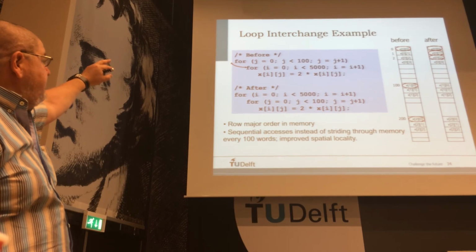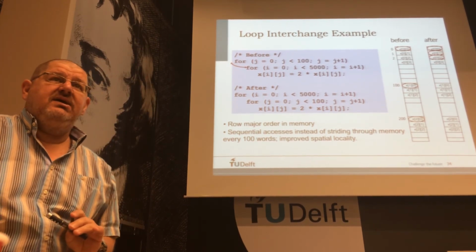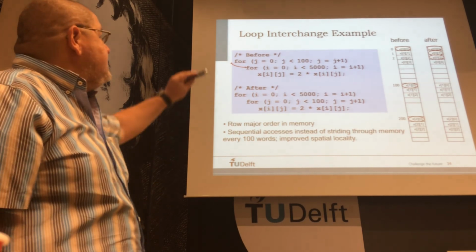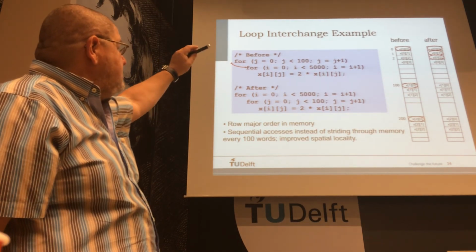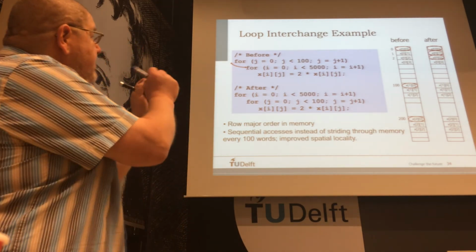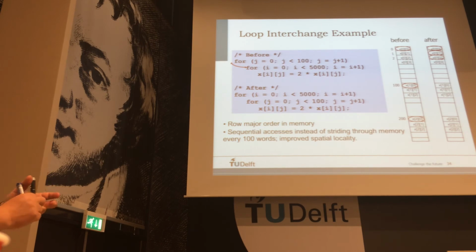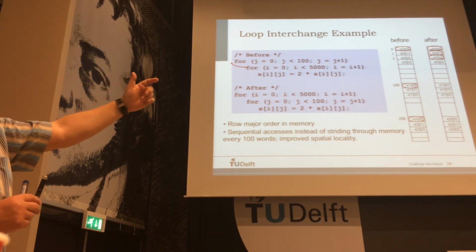You see that in the first loop, I'm actually doing what is called stride addressing. I'm addressing location 0, location 100, 200, whatever, because my matrix is stored row-wise, and I am processing it column-wise.